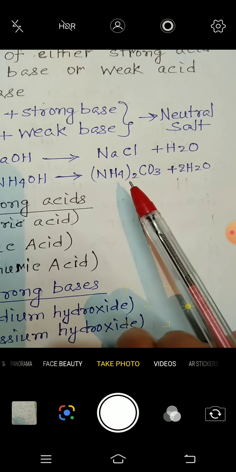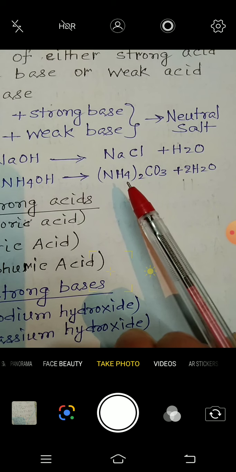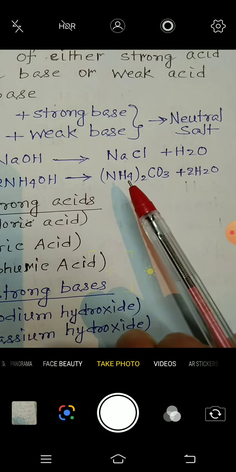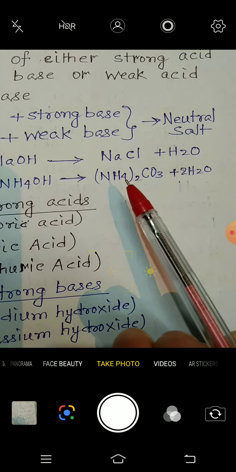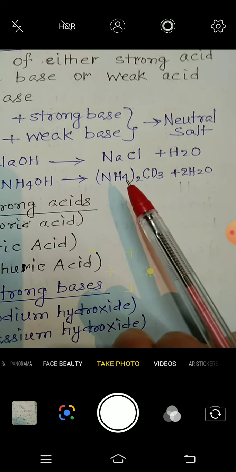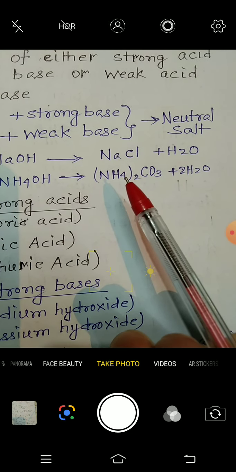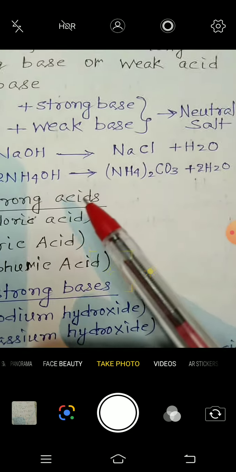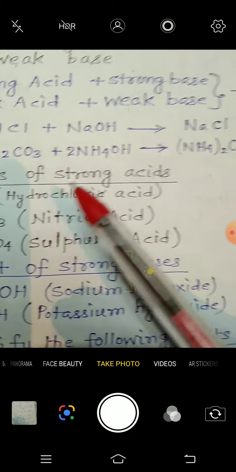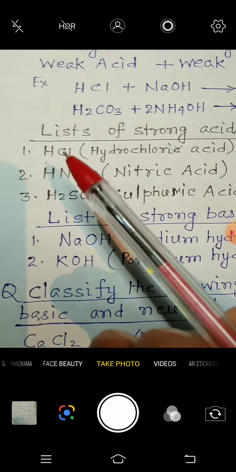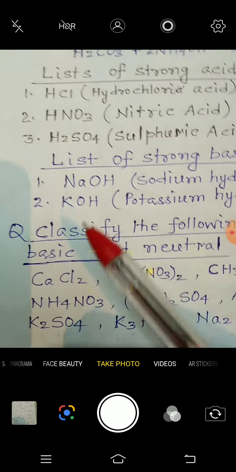So in this way you will be able to identify the salt and the acids and bases from which the salt is prepared or obtained. So remember these strong acids and strong bases.